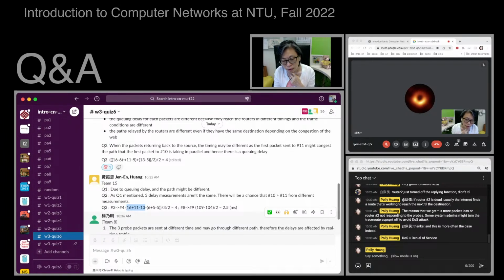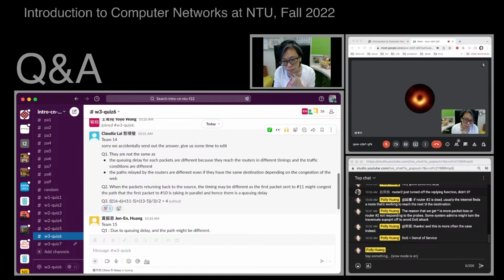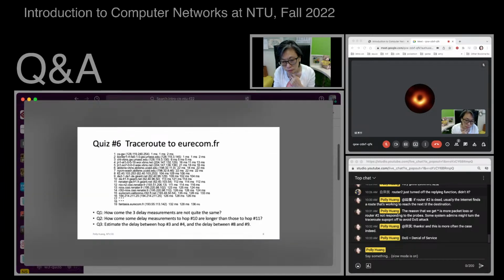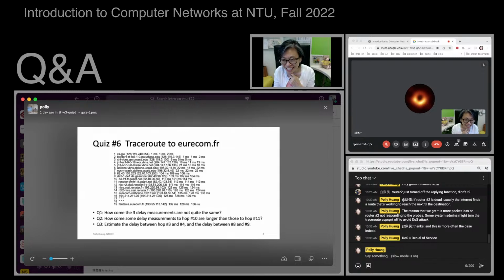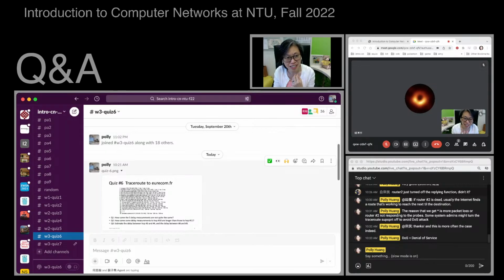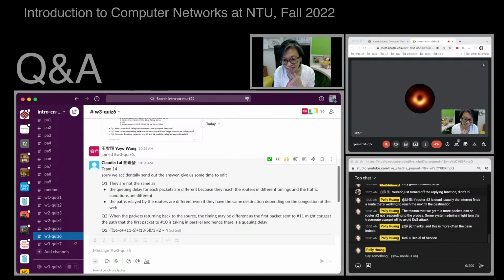Interesting. So team 15 is adding 2 of the measurements and subtracting 13. I think that's a way of calculating the sum or average, isn't it?